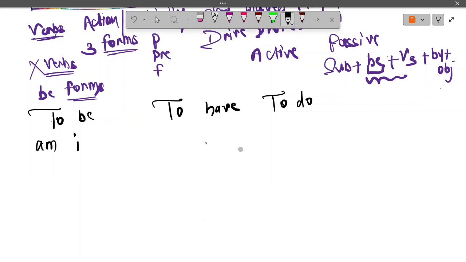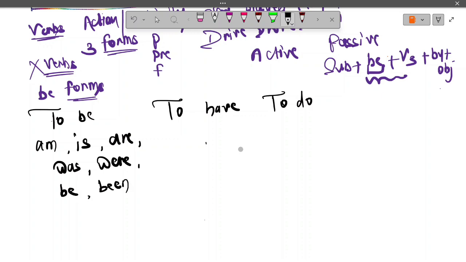Am, is, are, was, were, be, and been. These are actually known as the to be forms of the verbs. How many are they? 1, 2, 3, 4, 5, 6, and 7. These 7 words in the English language are known as the be forms of the verb.